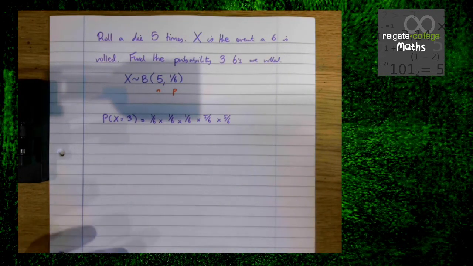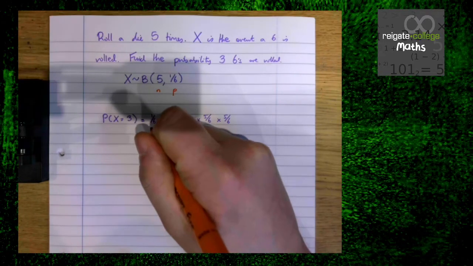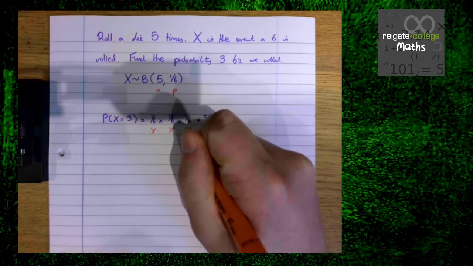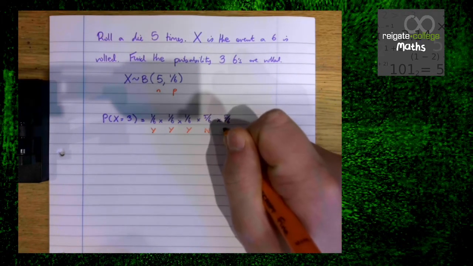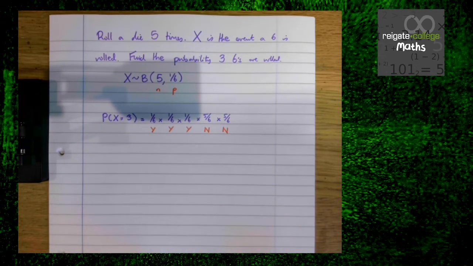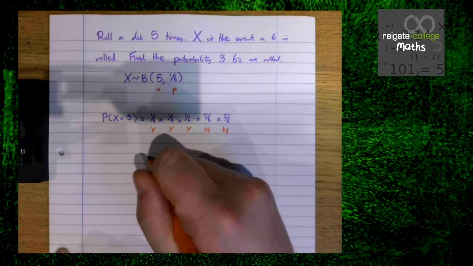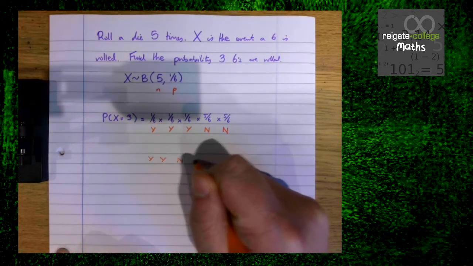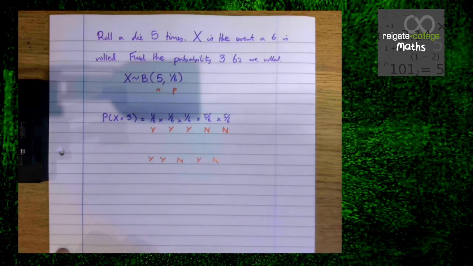Because what are we considering here? We are considering the possible outcome of getting 3 6s first and then 2 not 6s. This is different to the outcome of getting 2 6s, then not, then another 6, then not.